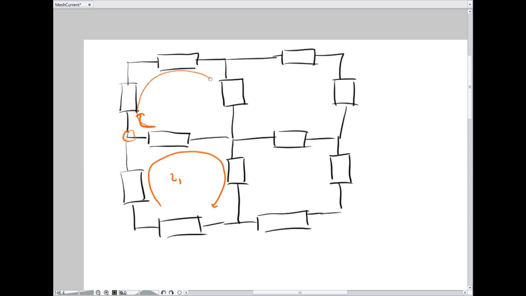And so if I continue this and write an entire new mesh current up here on this loop, and I say that the current going through this component is defined this way as I1 minus I2, then I've created a situation where Kirchhoff's current law is satisfied right here.